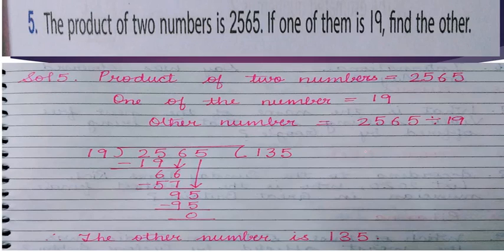Question number 5. The product of two numbers is 2565, right? And if one of them is 19, find the other number. Okay, this question I can explain you with the help of a very very simple example. Yes students, as we know what is product, क्या होता है, what is product?